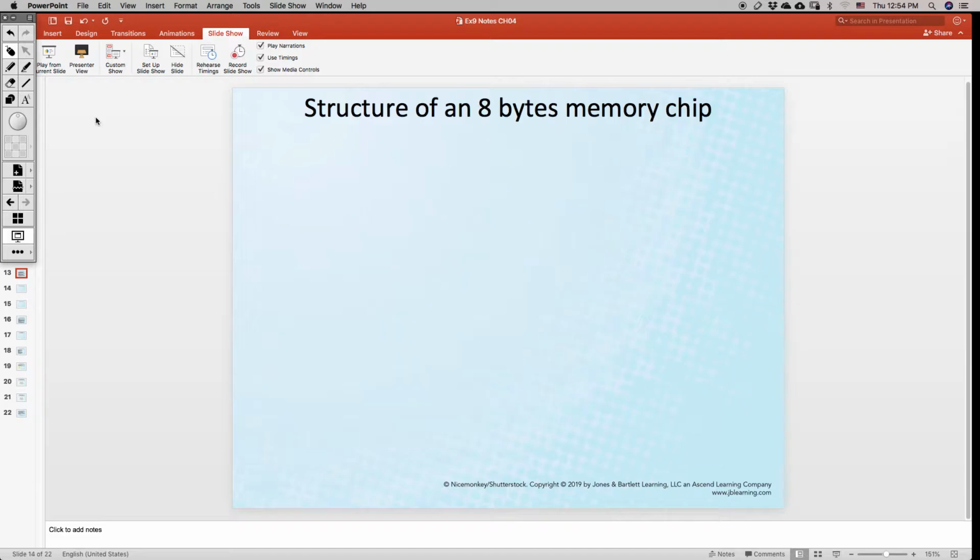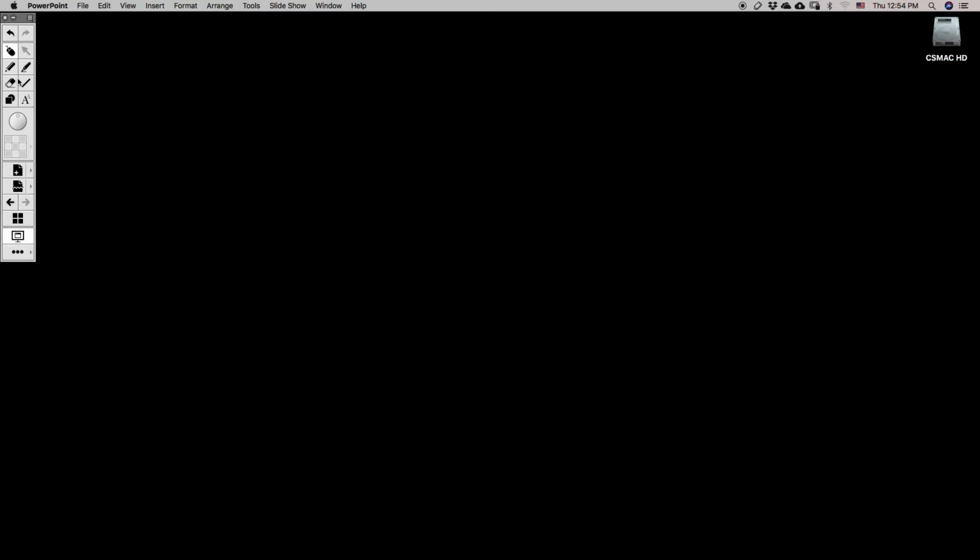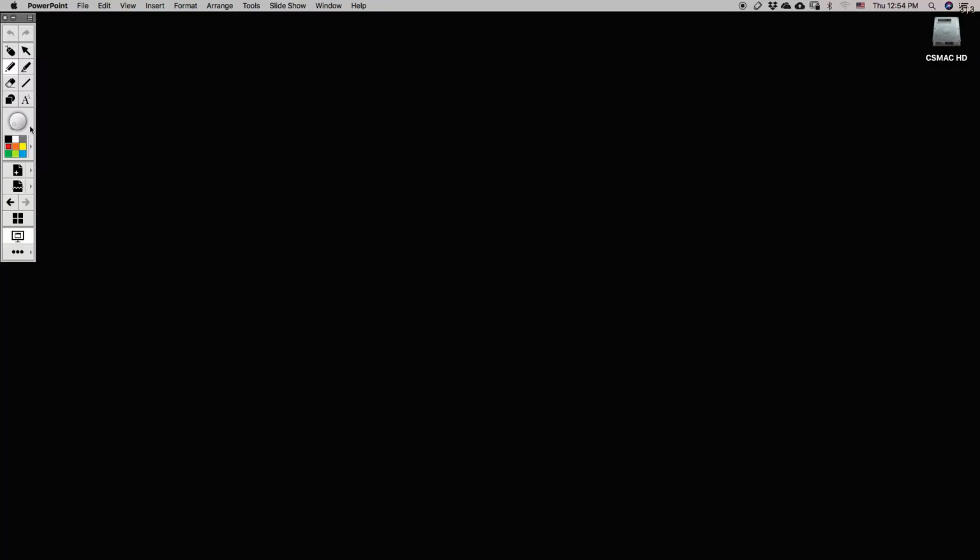So here, let's take a look at the structure of an 8-byte memory chip. 8 bytes is the memory size, and each byte is 8 bits.